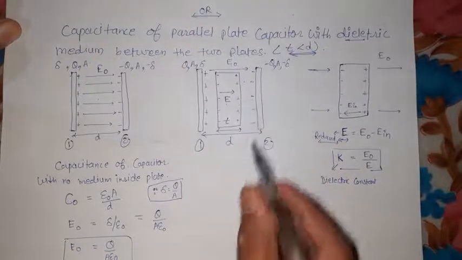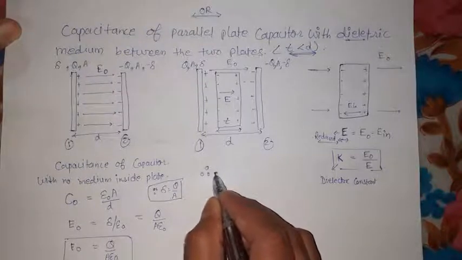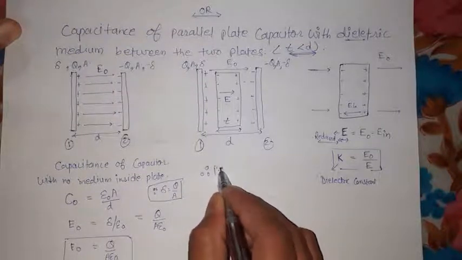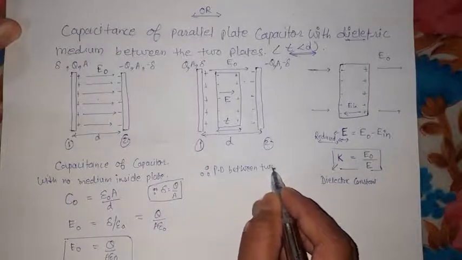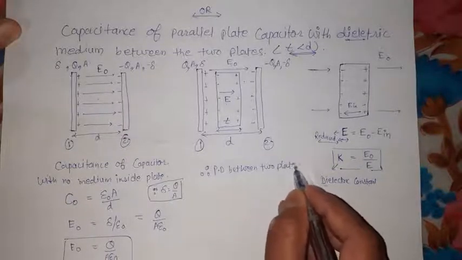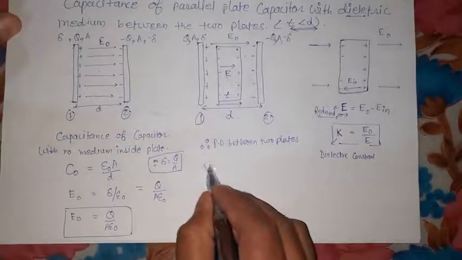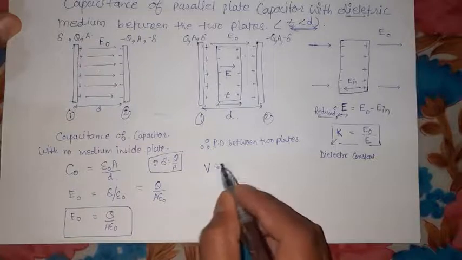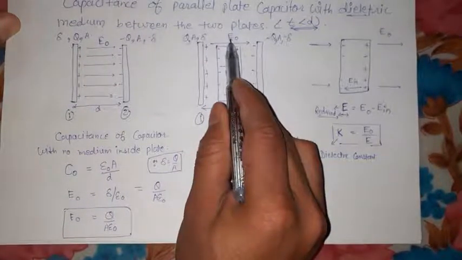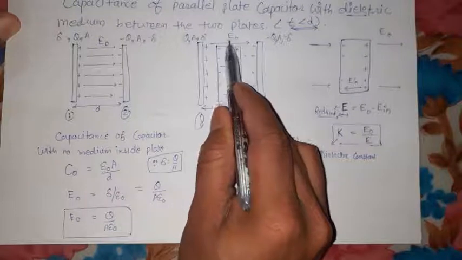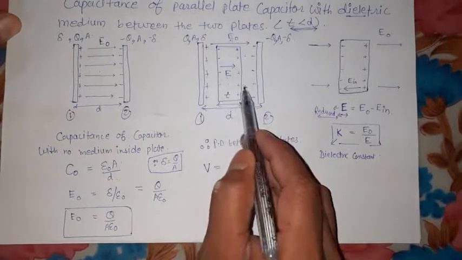Therefore, how much is the potential difference between the two plates? We have plate number 1 and plate number 2, and let the potential difference be V. There is the E naught field just outside the dielectric medium.